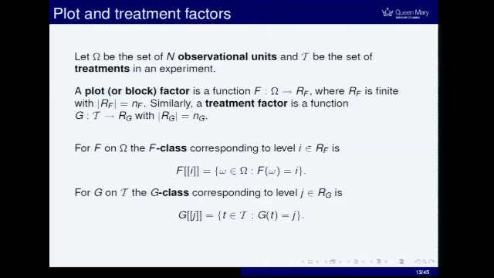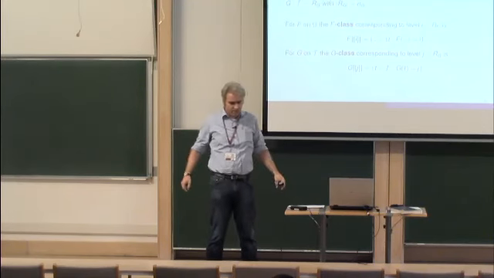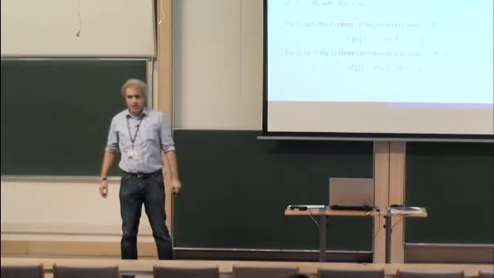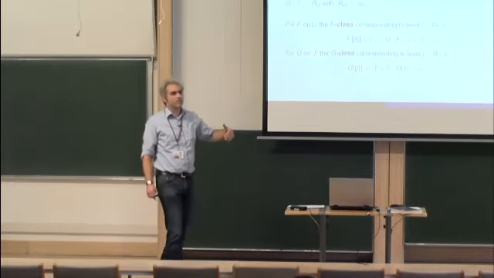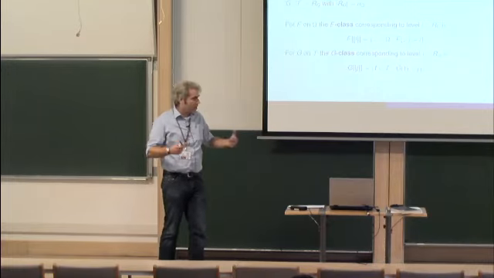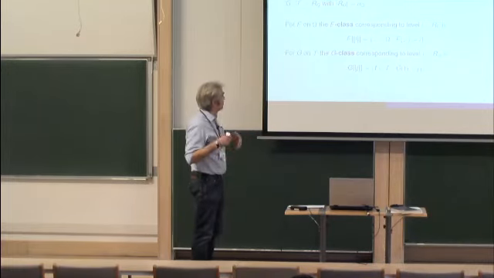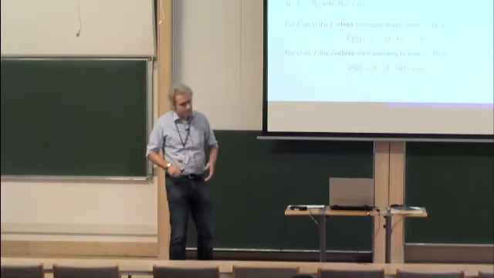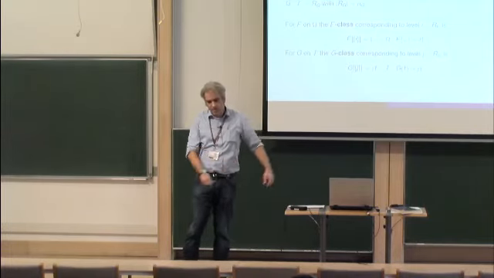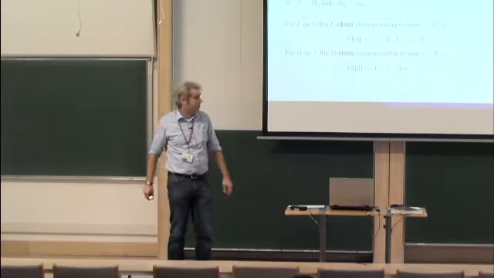So we have the distinction between plots and treatments right at the start. We have factors on both sets, and each factor is just a function into a finite set. So the plot factor has a finite number of levels, the treatment factor also has a finite number of levels, but the plot factors are defined on the set of observational units Omega, and the treatment factors on the set of treatments curly T.